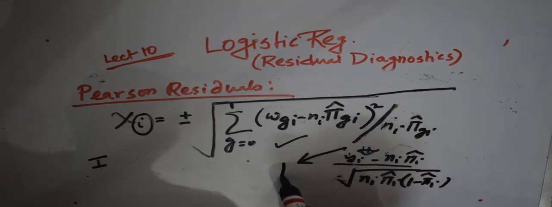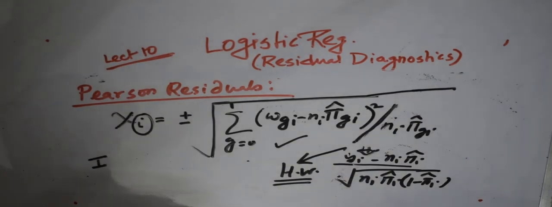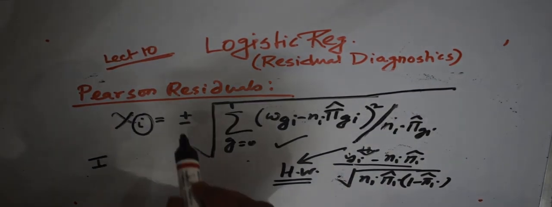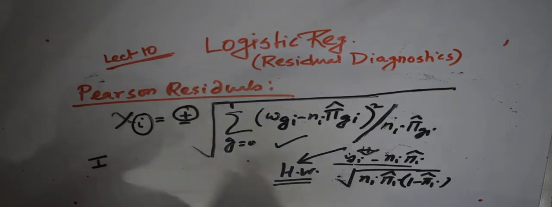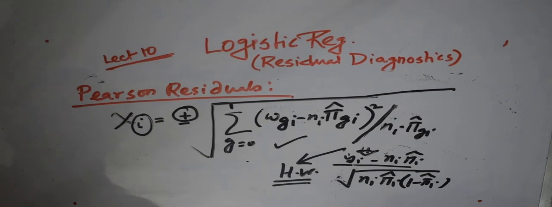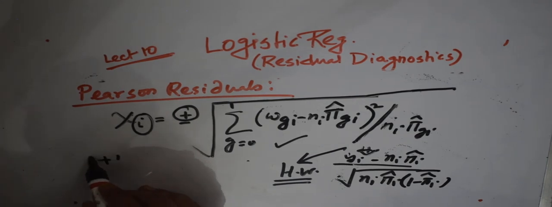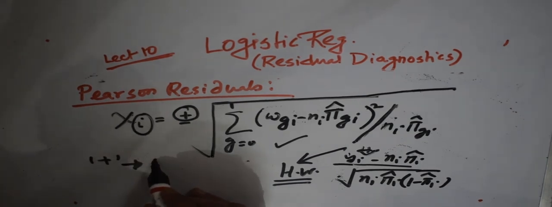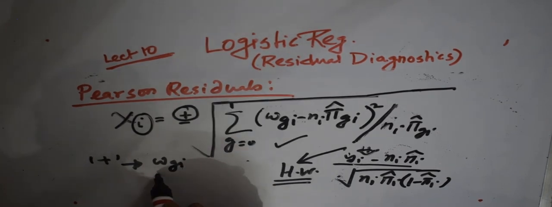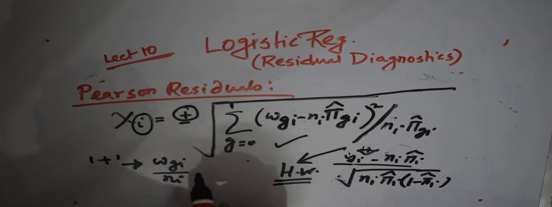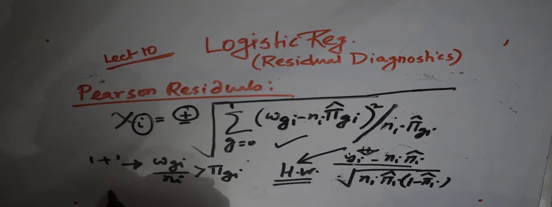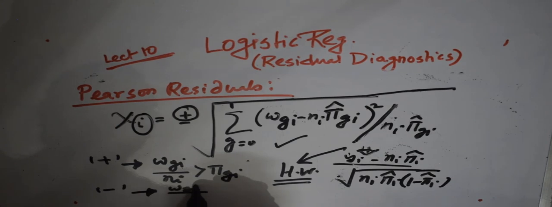So this is your another homework, and here the plus sign is used when w_gi by n_i is greater than pi_gi, and the minus sign is used when w_gi by n_i is less than pi_gi.